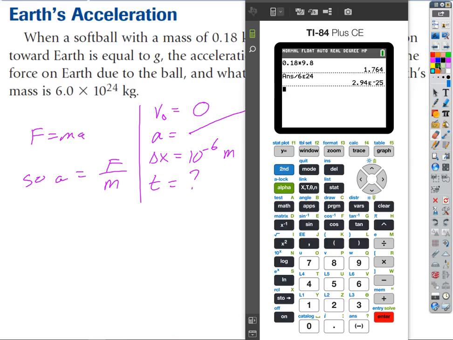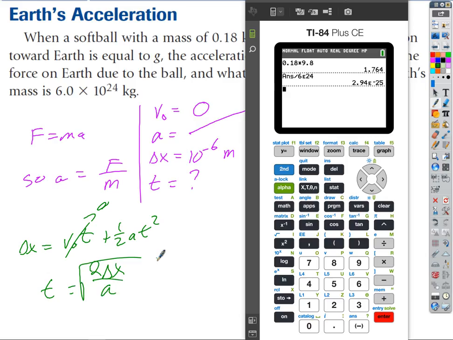So we have delta x equals v naught t, which is 0, plus 1/2 a t squared. Now if we solve for t, we're going to take the square root of a fraction. We have 2 delta x on top, because we multiply by 2, and a on the bottom.